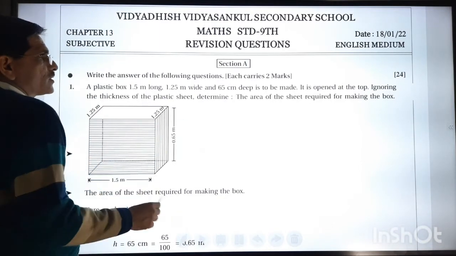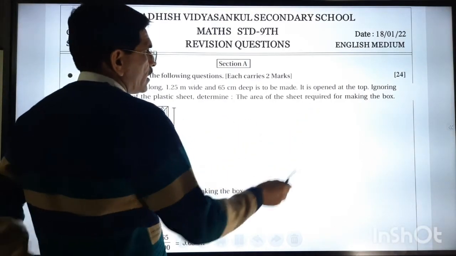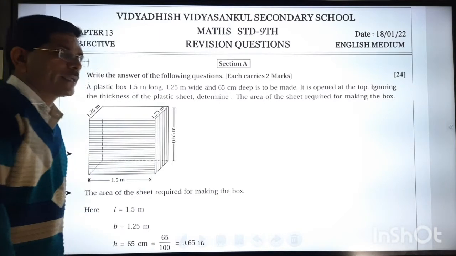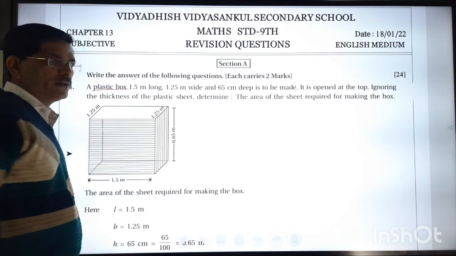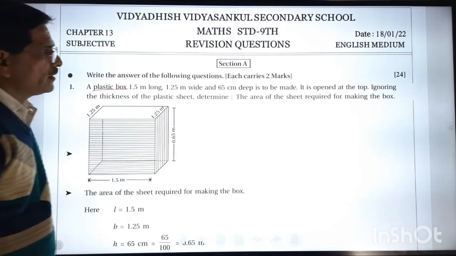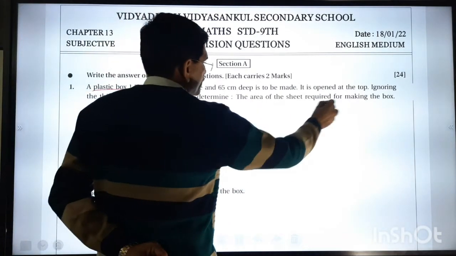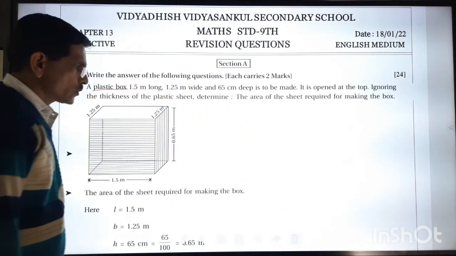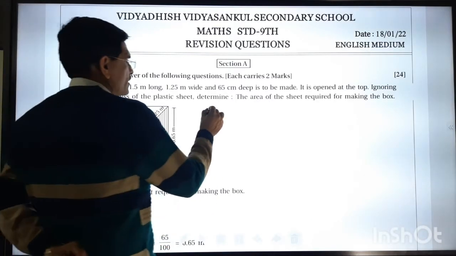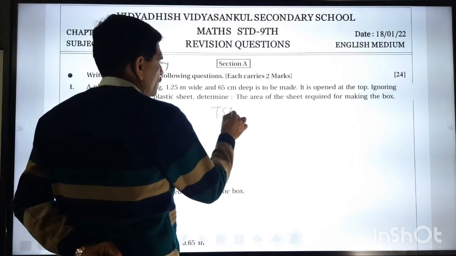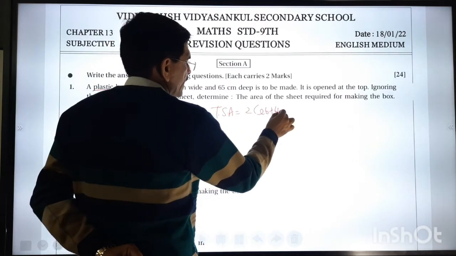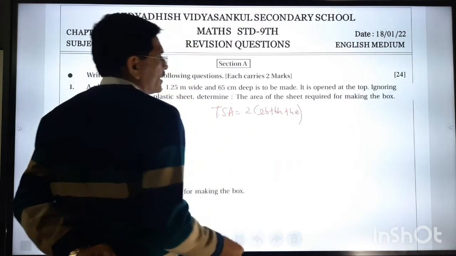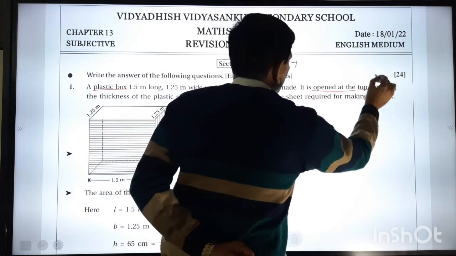So start from the first question. Find the area of sheet required for making the box. If you see, the box is a plastic box, it's a cuboid. For the cuboid formula, area of sheet required for making a box, we can use the total surface area. Total surface area is 2(LB plus BH plus HL), but here it says it is open from top.